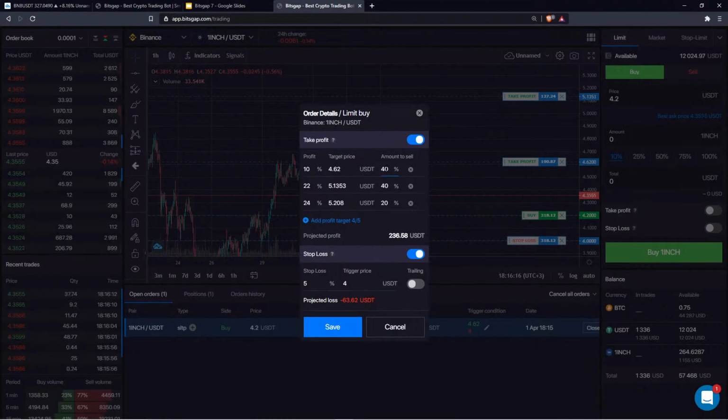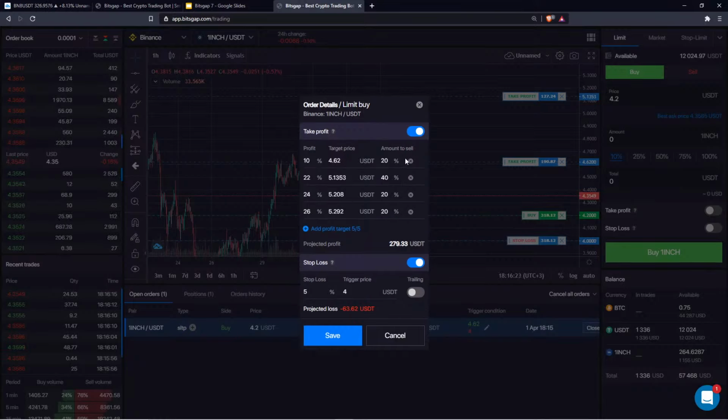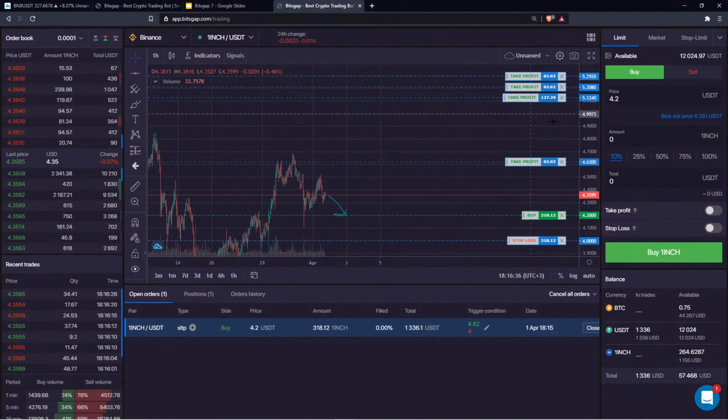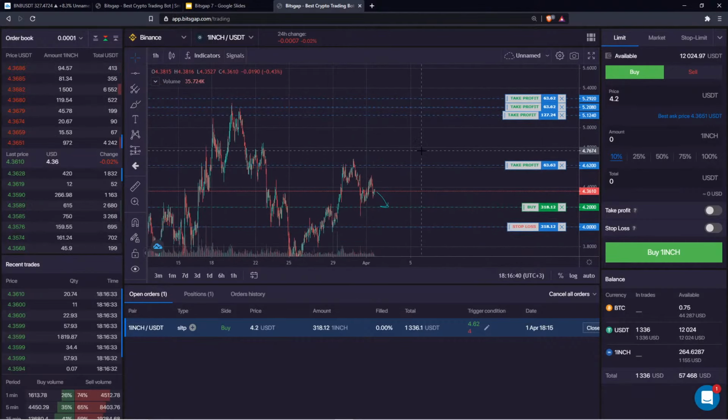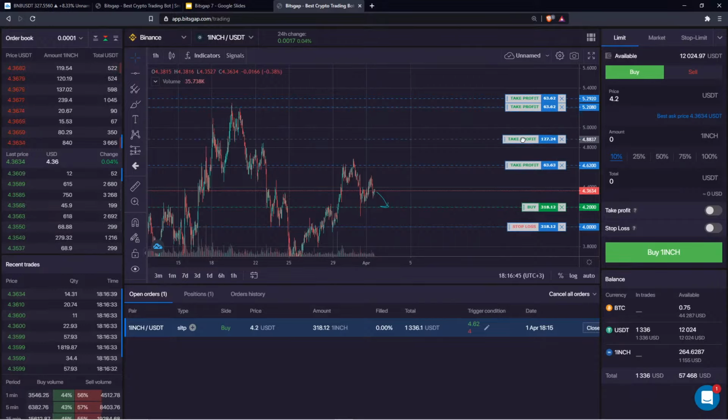Moreover, you can split the risk by having 5 take profits. So for example, the split is 20, 40, and then the rest 20%. As the price goes higher, it just locks in the return. Okay, safe. So now you see these take profits, and the cool thing is that here at Bitsgap you can drag the take profit right on the chart.